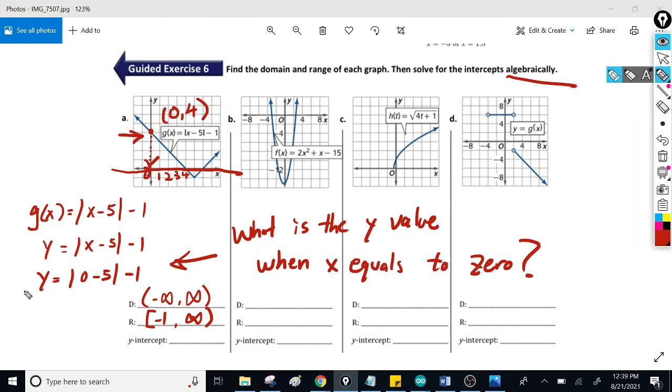So now let's solve it. If you want to solve for y, you have to first get rid of the minus 1 right here. That means plus 1 on both sides. And then 0 minus 5 is just negative 5.